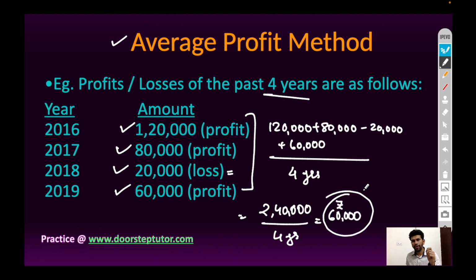If number of years purchased are given, then we have to multiply with number of years purchased. For example, if number of years purchased is 3 years, then 60,000 multiplied by 3 equals 1,80,000. But if no additional information is given, then average profit will be equal to goodwill.